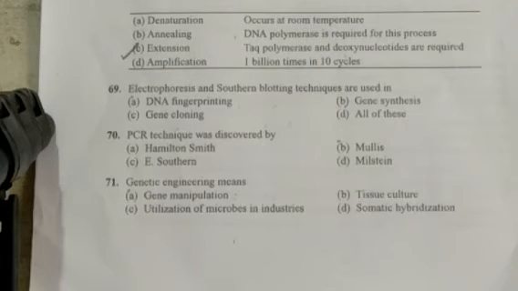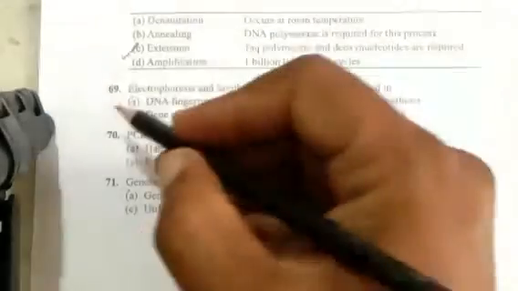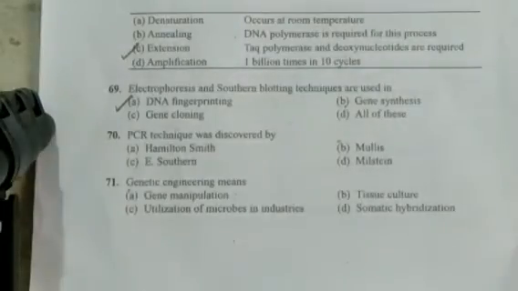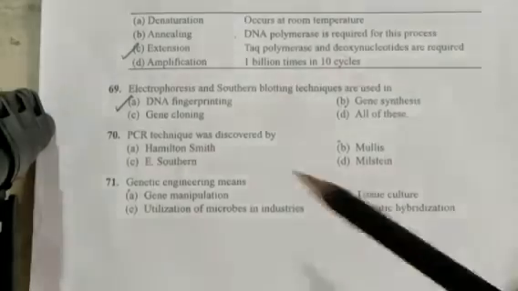So electrophoresis and Southern blotting are part of DNA fingerprinting. I have told you, Southern blotting is for DNA, Northern blotting for RNA, and Western blotting for proteins. His name was Southern, hence it is named Southern blotting. You remember that. Next question.